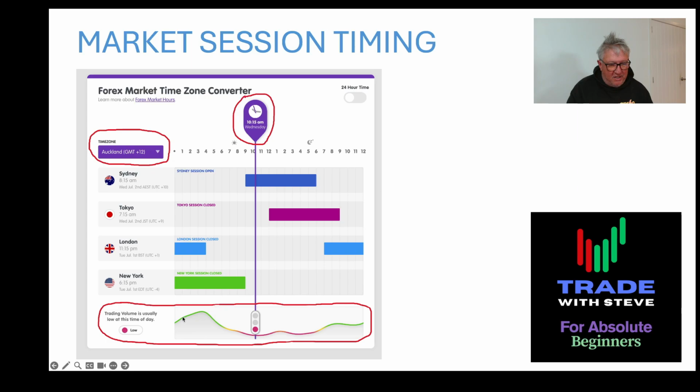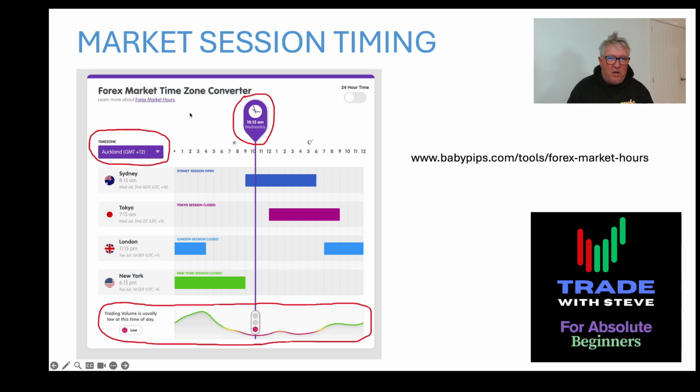It just gives you a bit of an indication of how much volatility or trading volume there is in the market at that time. And we tend to trade in the green bits where there's lots of trading activity. So babypips.com/tools, have a look there and have a play with this foreign exchange time zone converter.